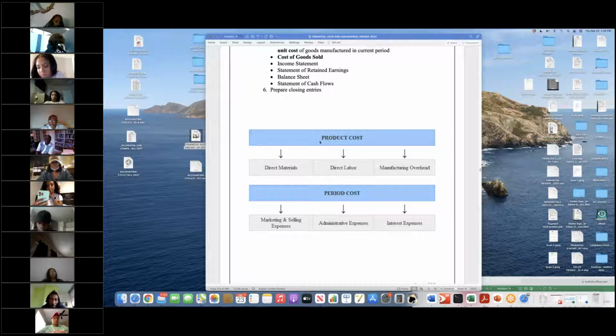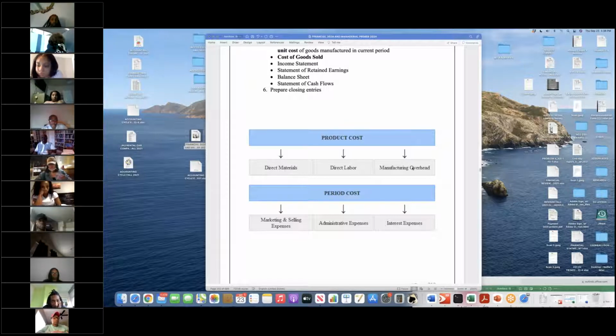There are two types of costs: product costs, period costs. These period costs are the costs that we looked at in Principles 1: marketing and selling, administrative, interest, and expenses. Product costs are the costs we look at when we make an item. And there are three fundamental product costs: direct materials, direct labor, manufacturing overhead.